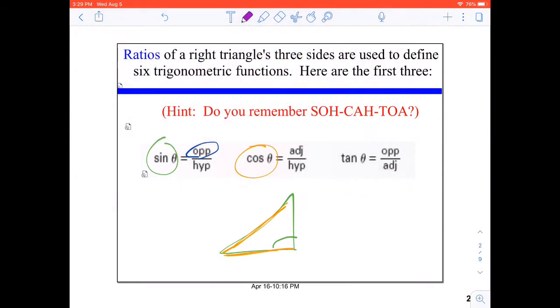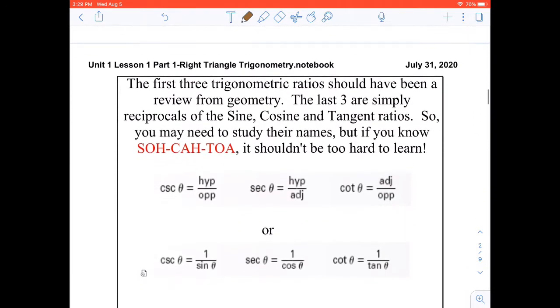And last but not least, if I don't want to use the hypotenuse at all, and I just want to do the opposite side over the adjacent side, we call that the tangent ratio. So hopefully you remember SOHCAHTOA. That was a way to remember those particular ratios.